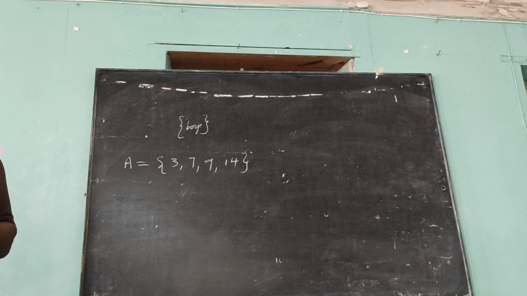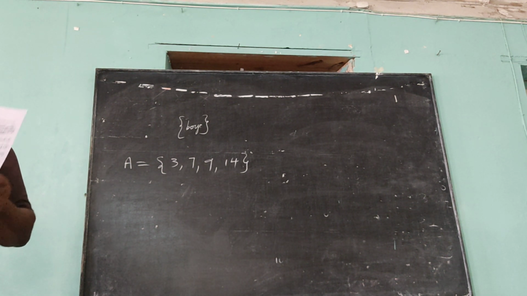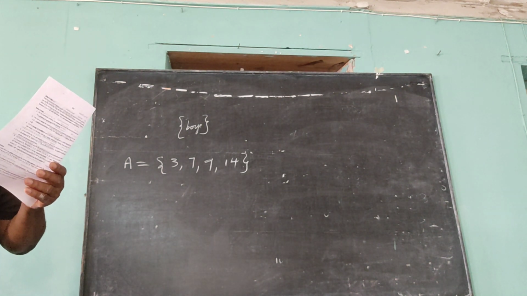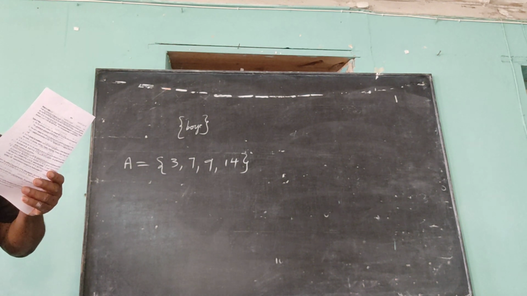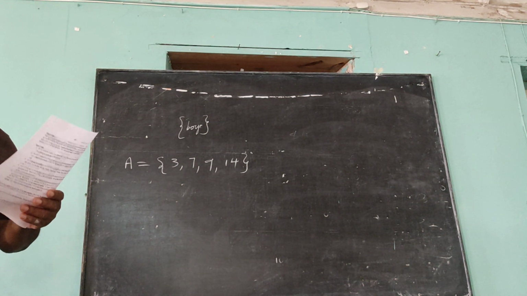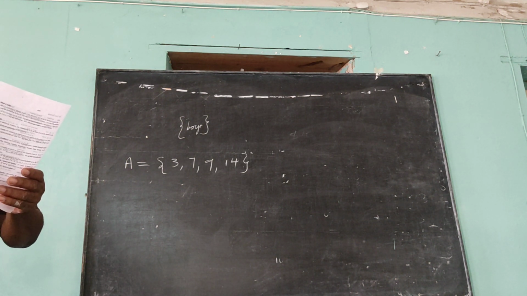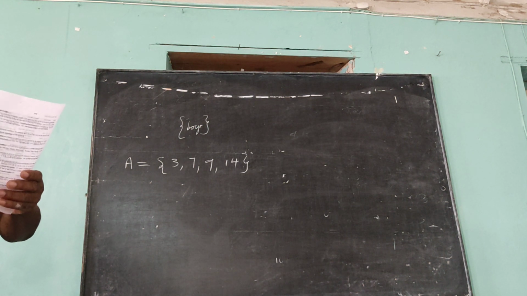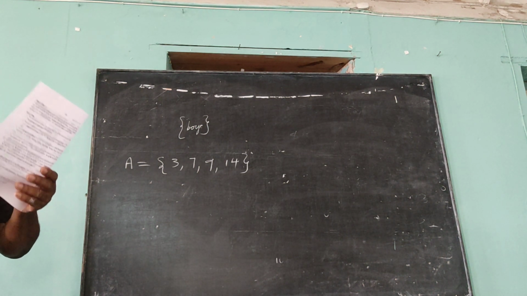They can be equivalent, but not equal. Because if set A has 3, 9, and 14, and set B has A, B, C, both of them having 3 members, not so? So they are equivalent, but they're not equal, meaning they don't have the same members, right?